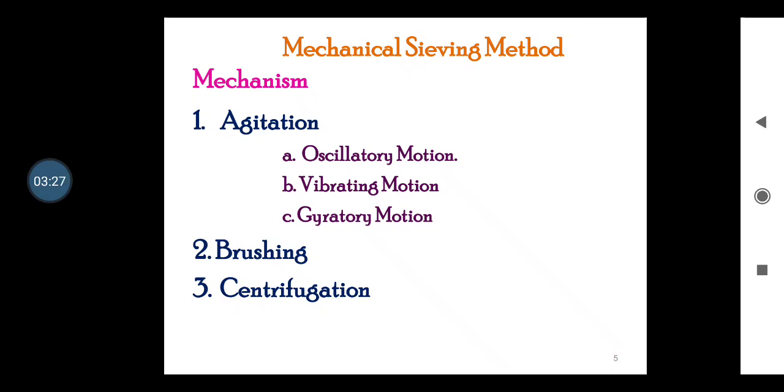In case of agitation, different types of motion mechanisms are used. The first one is oscillatory motion, second is vibrating motion, and third is gyratory motion. So we're going to discuss these one by one. But before that, we should know what agitation actually is in the sieving method.